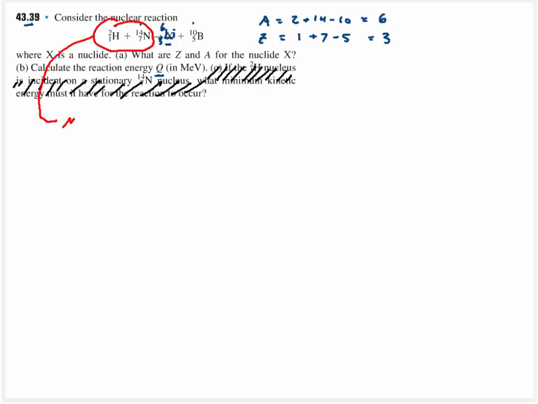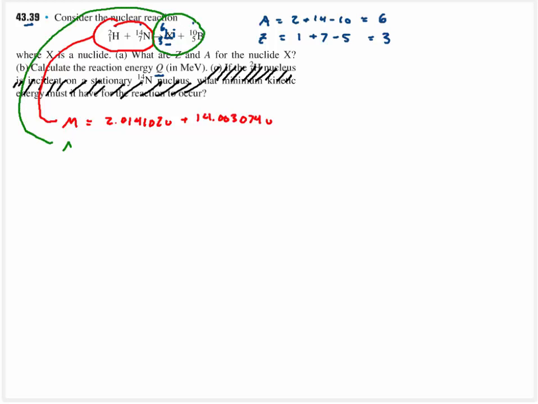This is going to have a mass equal to the mass of the hydrogen plus the mass of the nitrogen. Always keep all the numbers here: 2.01410, which I pull out of the table, and then the nitrogen, 14.003074, multiplied by u. Now let's talk about this side, now that we've determined that this is lithium.